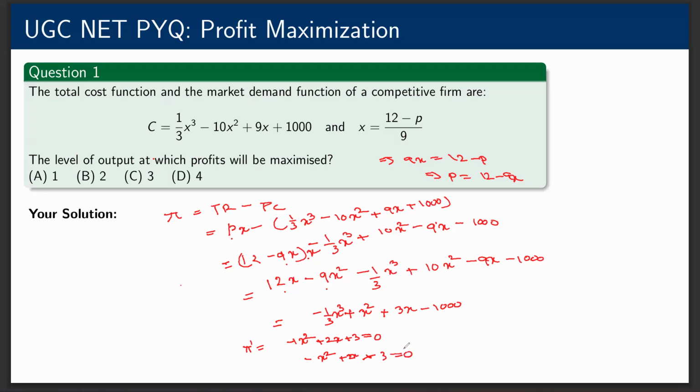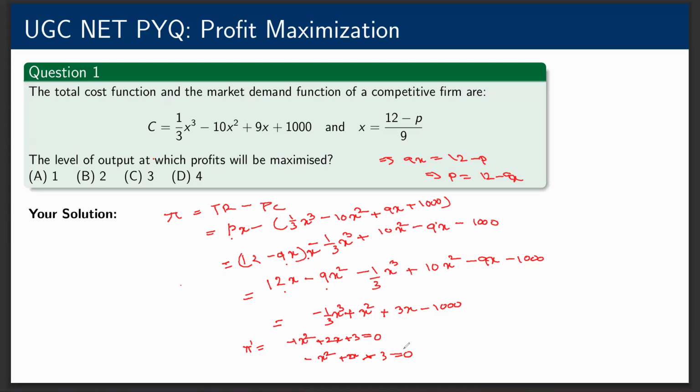It is a quadratic equation. Either you factorize it or you use the Sridhar Acharya formula, where x equals minus b plus minus root over b square minus 4ac. But let's just factorize it. We have to split 2x in such a way that its sum will be 2, but the product will be minus 3. Can I get something?